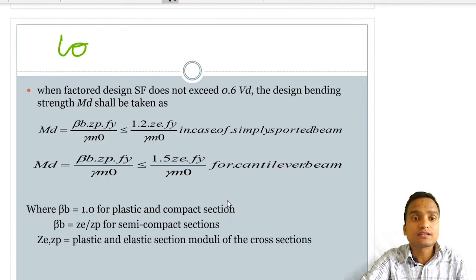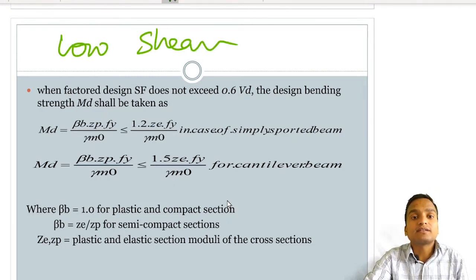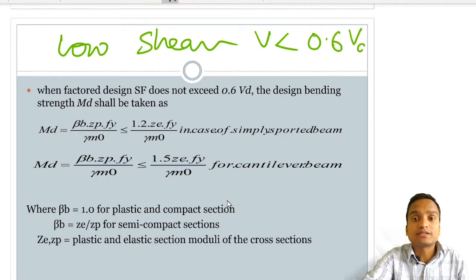So the same thing is written here in case of low shear. When the factored design shear force doesn't exceed 0.6 times VD, then the design bending moment shall be taken as MD equal to beta B into ZP into Fy by gamma MO, and it should be less than 1.2 into ZE into Fy by gamma MO.